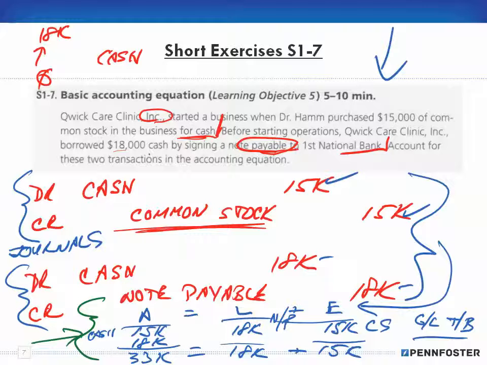So don't be surprised that what I put on the screen at times might not look exactly like what the answer looks like, because I am just working out of my head. I wasn't referring to the answer. I just happened to look down and see that it had investment and borrowing on there, and then it occurred to me, oh well, all of the concepts apply. I put the information there, but it can look slightly different.